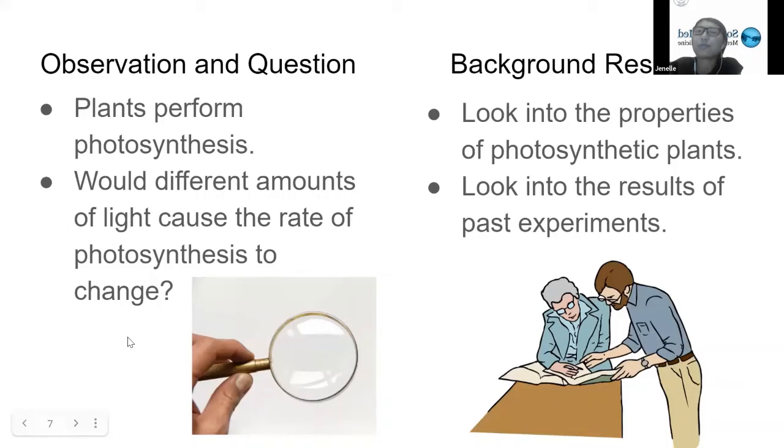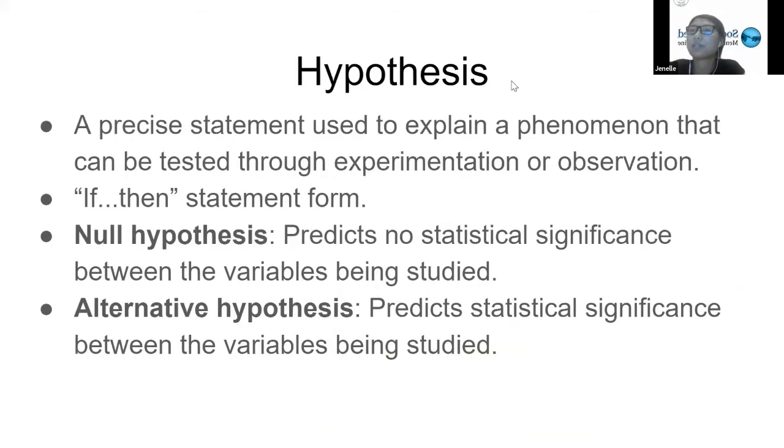And so after having this question, usually students would do some research about the topic and look into the properties of photosynthetic plants, look into results from past experiments that were doing a similar type of observation.